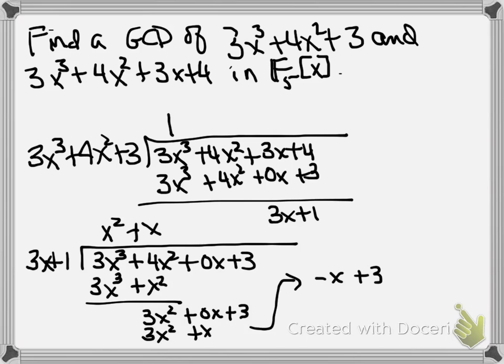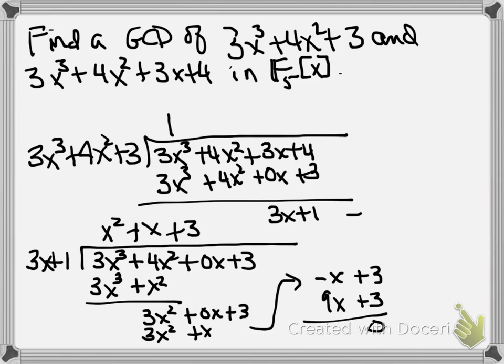So we're not done, because the degree of the remainder is 1 and the degree of the thing we're dividing by is 1. So somehow we have to figure out what we can multiply 3x plus 1 by to get a leading term of the form minus x. And thinking about it a bit, minus x is the same as 4x, so if we multiply 3x plus 1 by 3, that would give us 9x plus 3, but 9x is just 4x in Z mod 5Z, or F5, and so that works out, and now we have a remainder of 0.